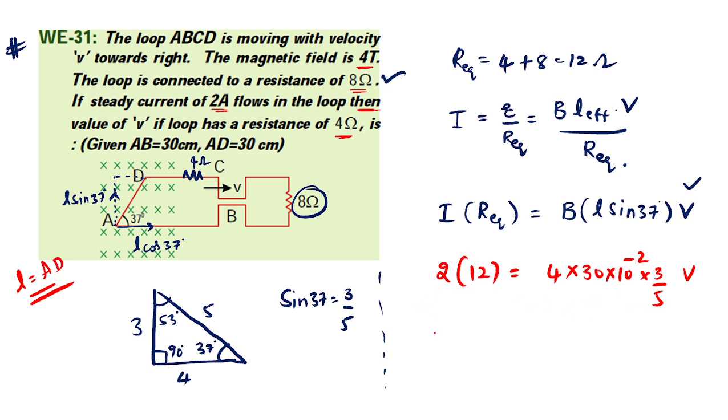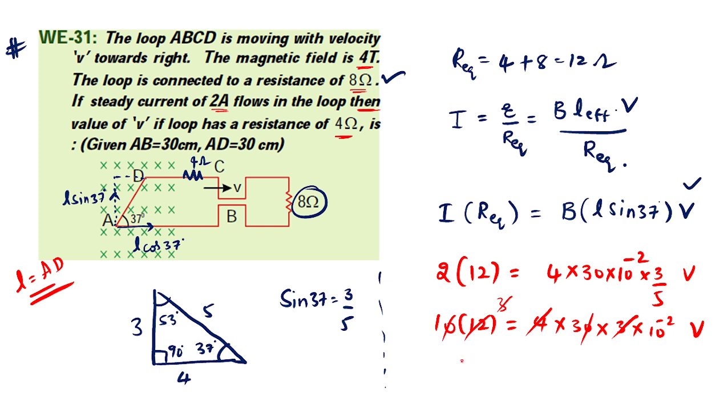So 5 comes over, 10 into 12 is equal to 4 into 30 into 3 into 10 power minus 2 into v. Now 4 threes are 12, 3 will cancel, and 10 also cancels here. Yes or no?